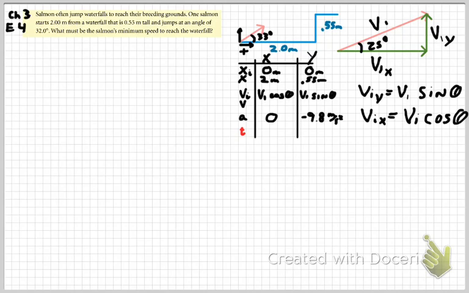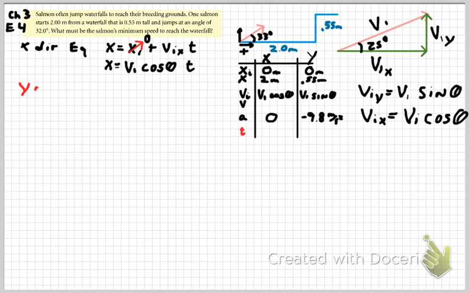Now what do we do? We don't know time and we don't know V initial, but fortunately we have two different directions to work in. So we can solve with two equations and two unknowns. In the x direction, our equation of motion is x equals x initial plus v_i in the x direction times time. X initial is 0 and v_ix is v_i cosine theta, so we write this equation out.